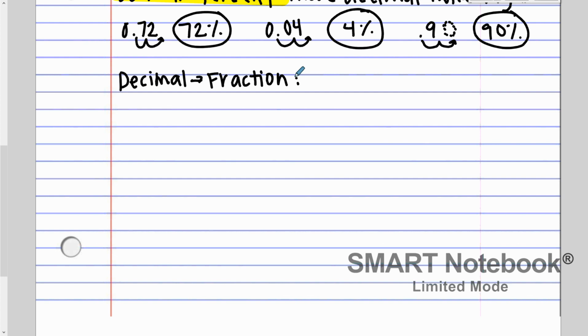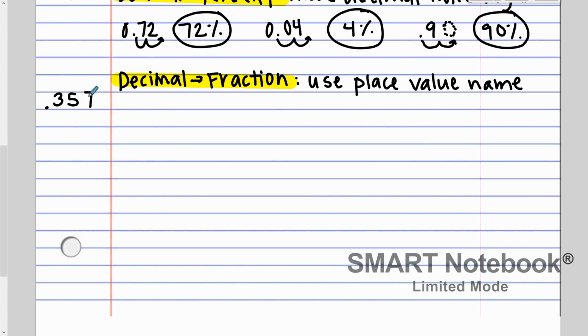When we make decimals into fractions, we use the place value name. And I'll show you what that means in a minute. Again, if you have a highlighter, highlight that title.